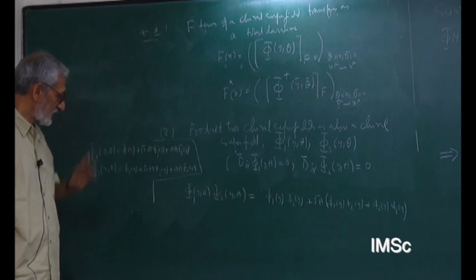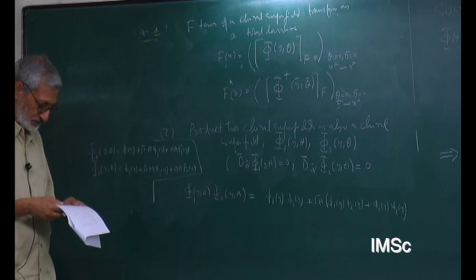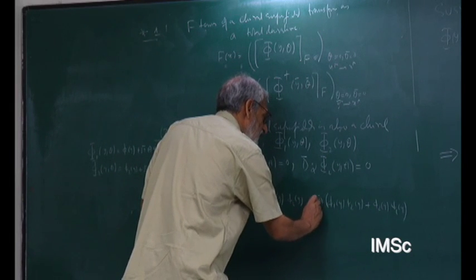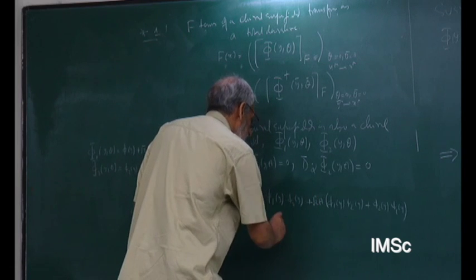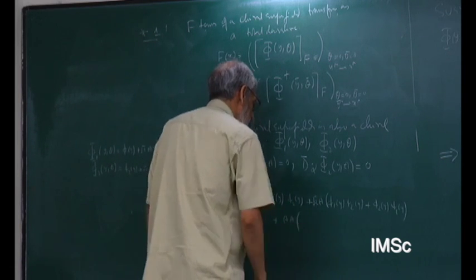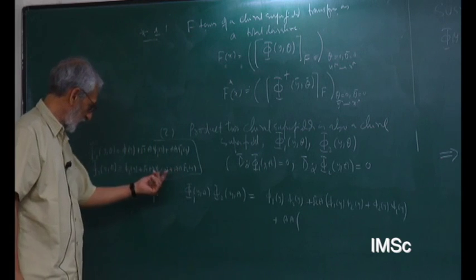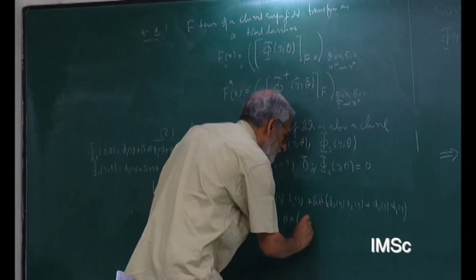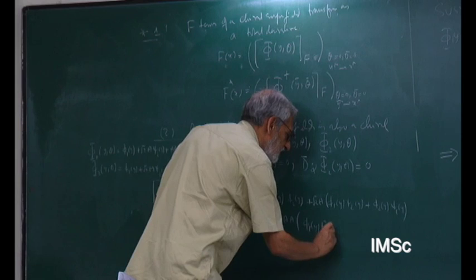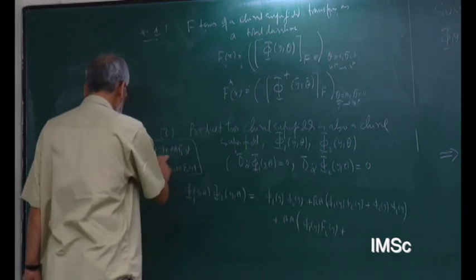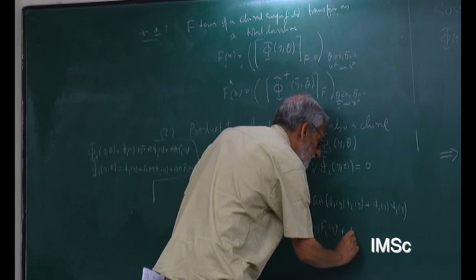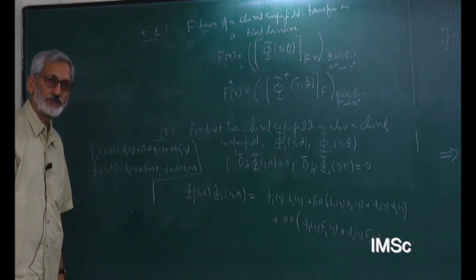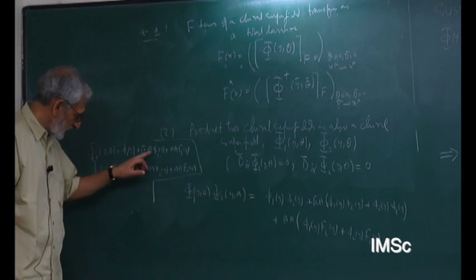This times this times this single theta term, root 2. And what is theta square? Theta square, one is this times this, other is this times this. But there is one more term which is this times this.